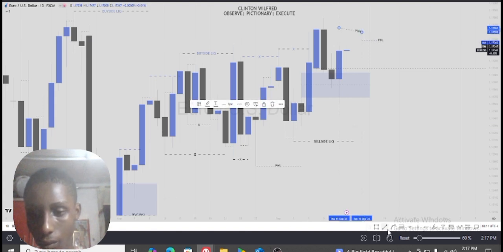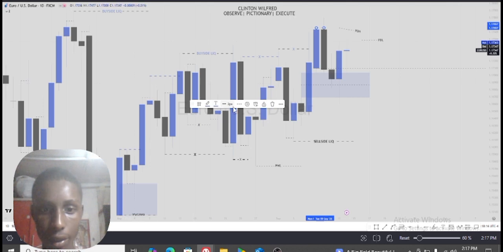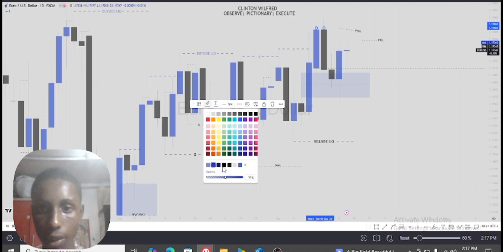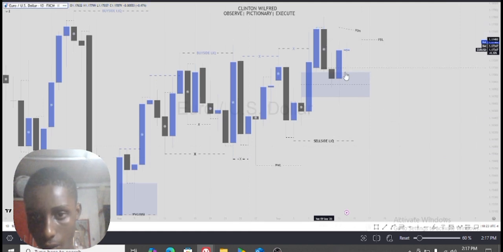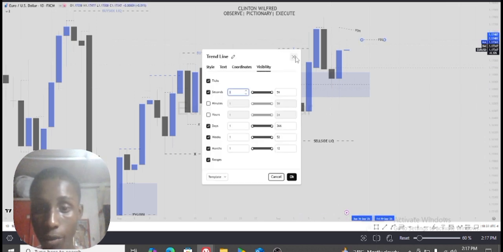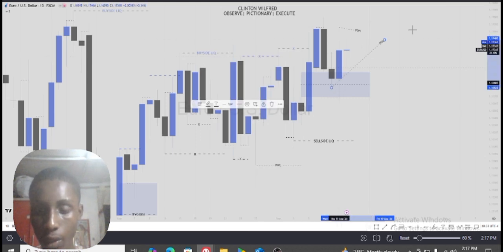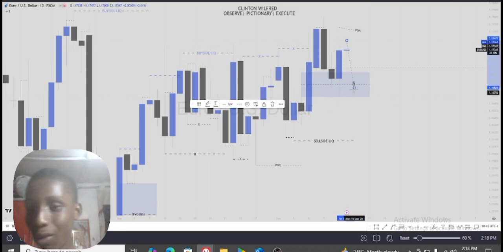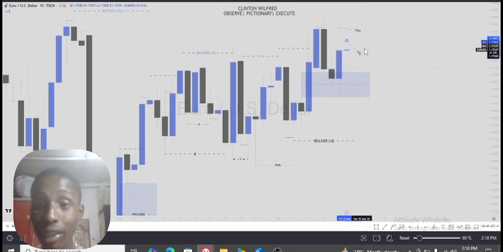Then Wednesday and Thursday, price ran out previous day lows. So Thursday took out Wednesday lows. Now we also have Friday taking out Thursday highs.